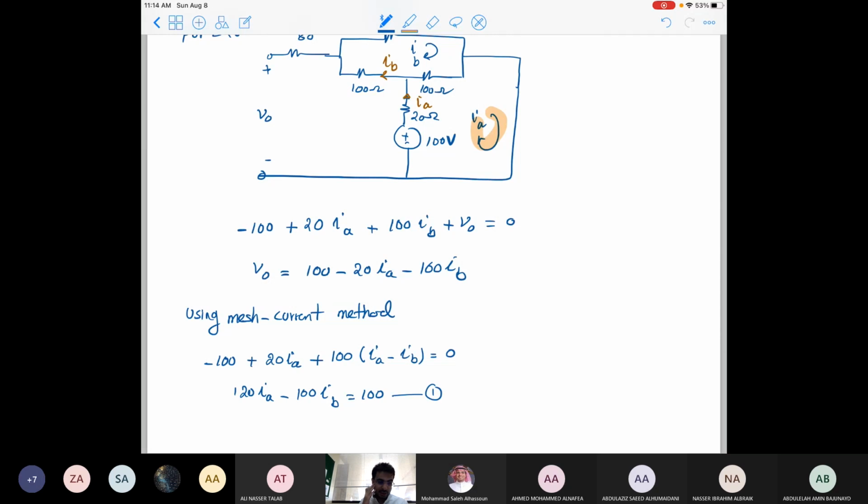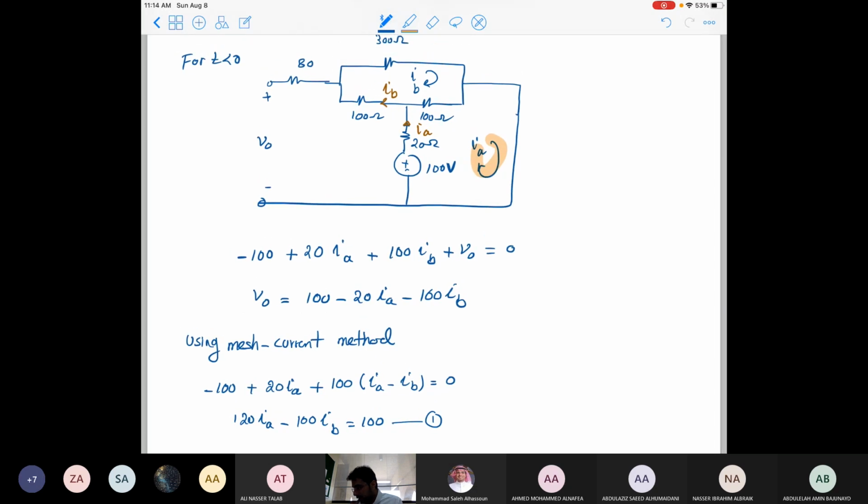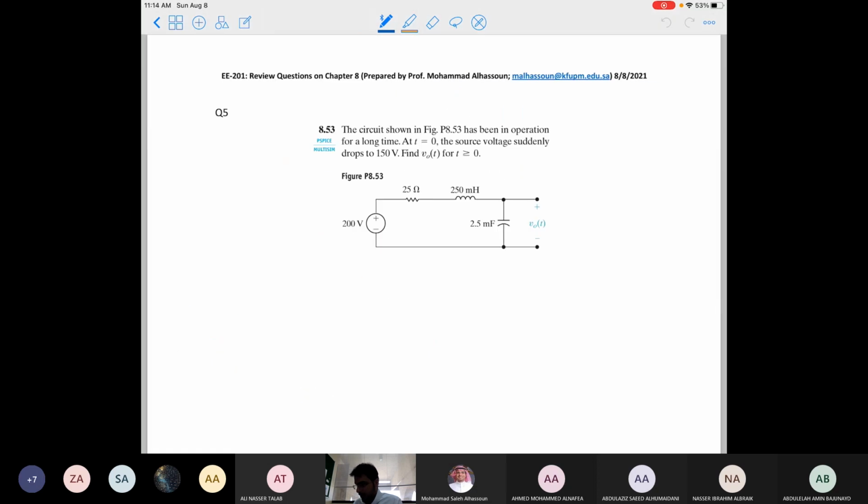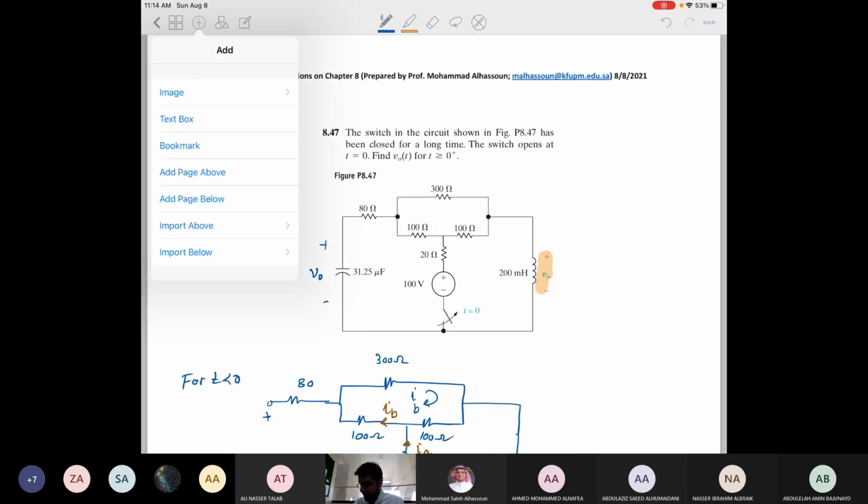This is the first mesh current equation. The second one comes from applying KVL at the upper mesh. You will get 300 IB plus 100 times IB minus IA plus 100 IB equals 0.